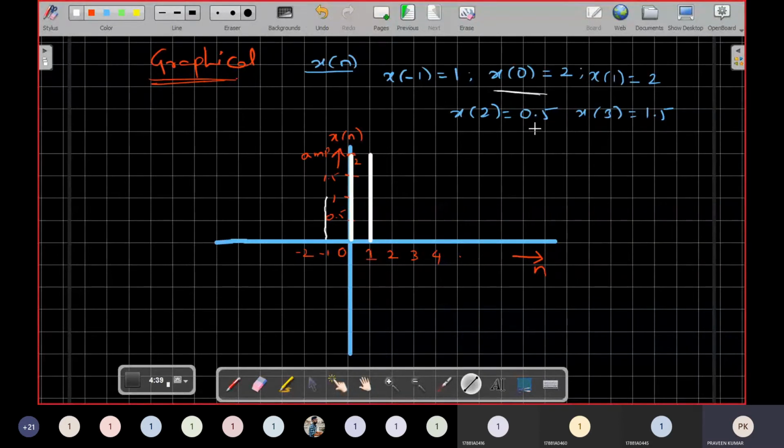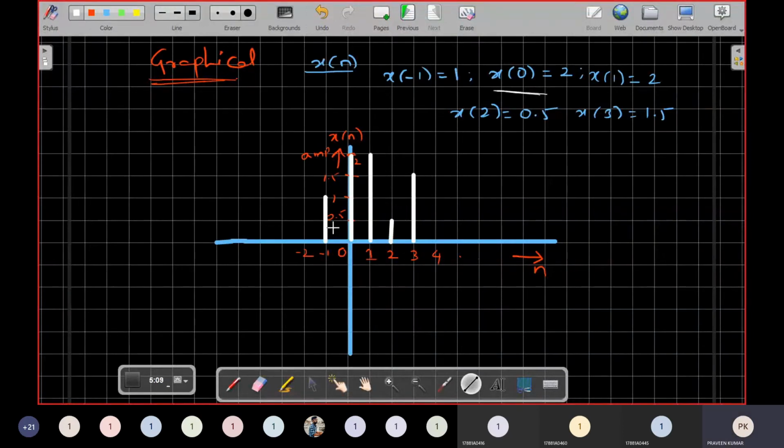Next, at n is equal to 2, amplitude is 0.5. At n is equal to 3, it is 1.5. This is simply the graphical representation of your arbitrary discrete time signal.